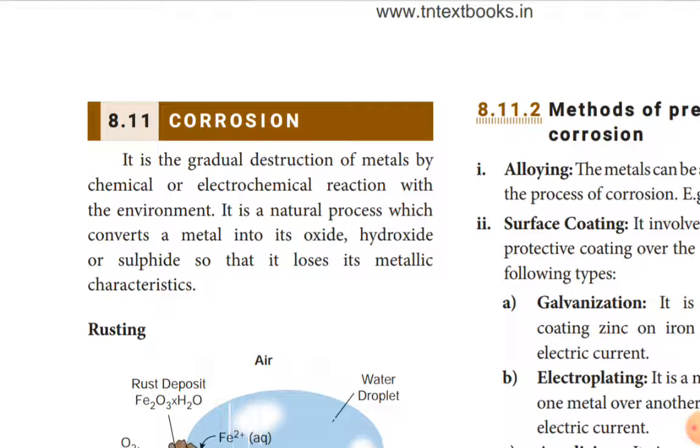It loses its metallic characteristics, because of the formation of oxide, hydroxide, sulfide, when these elements combine with carbon dioxide, oxygen, water. This type of corrosion takes place.